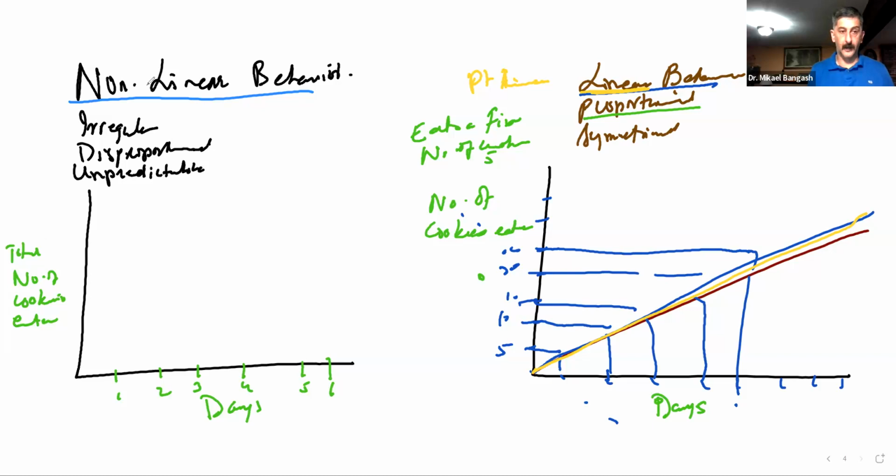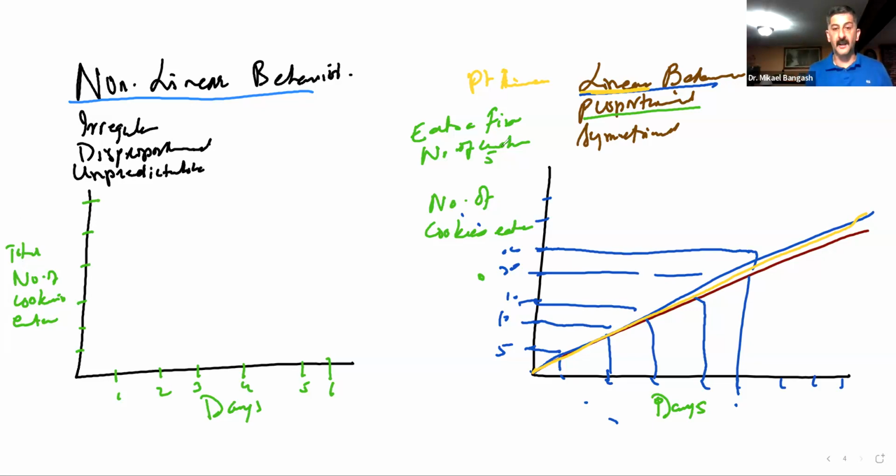But it's now going to become a non-linear behavior, because there's not going to be a fixed relationship between the days and the number of cookies that the person eats on a daily basis, which we previously had as 5 cookies.